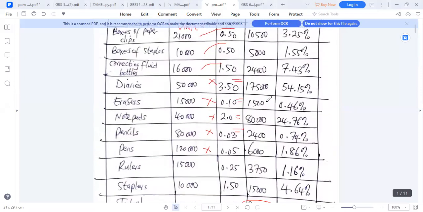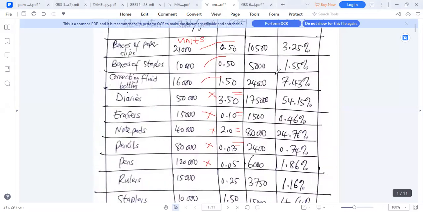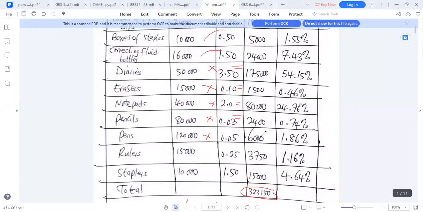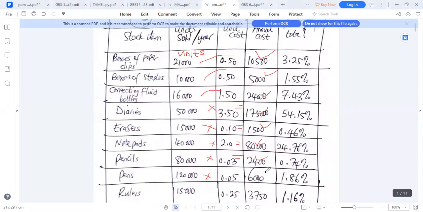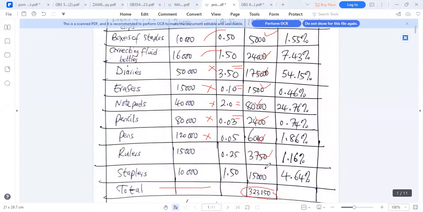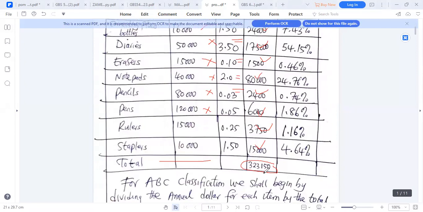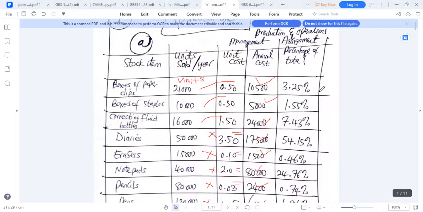Then 5,000 by 323,150. Then 24,000 by 323,150. So these are percentages coming from the total cost for all the items. This total came from the cost allocation as you add each of these. So we are simply getting the percentage of the total. So this is just about how we are getting to the percentages. All right.